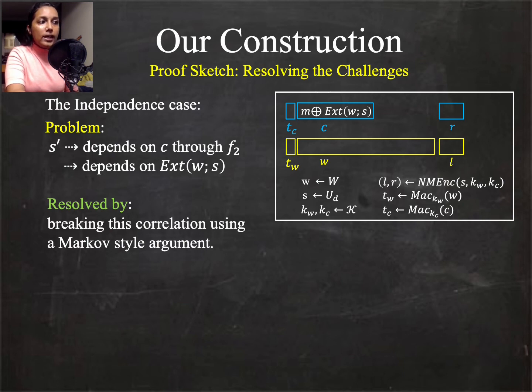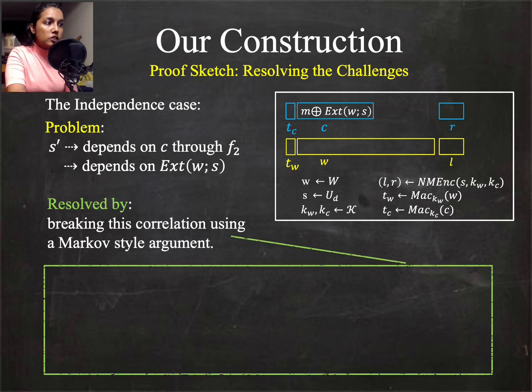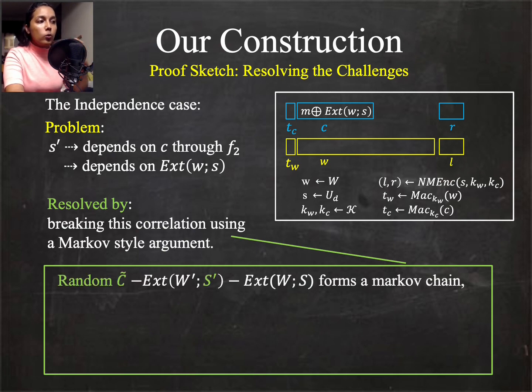Well, on a very high level, we do this by breaking the correlation that exists here through the ciphertext C using a Markov style argument. A little bit more elaboration on it: because the dependence through C is the problem, as a first step we consider a random C tilde, which has nothing to do with the message, and use that to proceed with the rest of the generation of the tampered distributions as before, but using C tilde instead of C. It turns out that C tilde, the extractor of W prime and S prime, where S prime is now dependent on C tilde and not C, and the extractor of WS form a Markov chain.